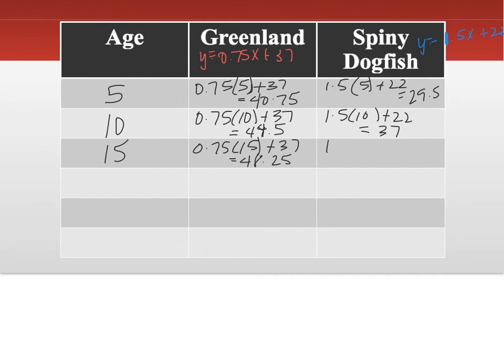Let's try that again. 1.5 times 15 plus 22. So 1.5 times 15 is 22.5 plus 22 is 44.5. Very close. Let's try 20. And if 20 doesn't work, if 20 is too far over, then we're going to come back down the scale.